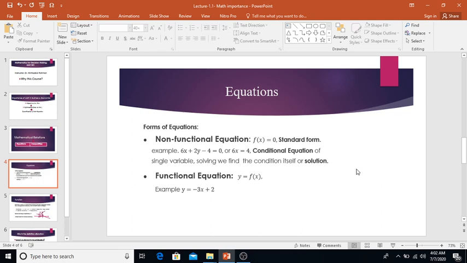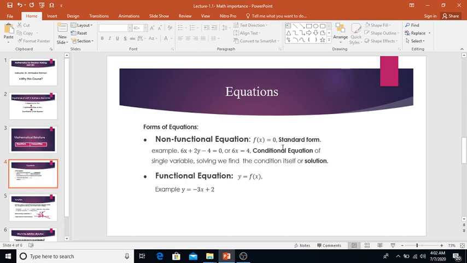Mathematical equations can be of two forms. One is non-functional equation, another is functional equation. Non-functional equation we can see in standard form, which is all things at the left side, and at the right side we will get 0.